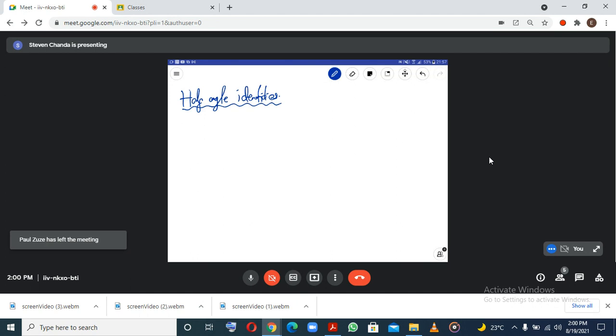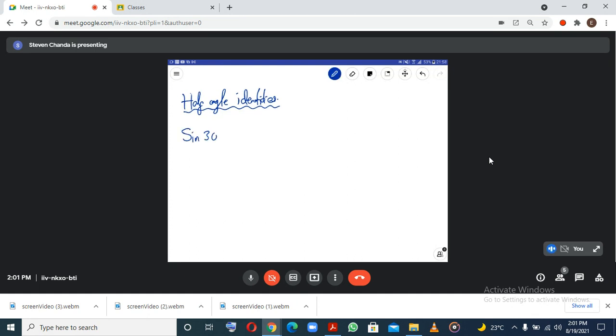Okay. So what you are looking at here is half angle identities. You know what sine 30 is, right? You can find it.